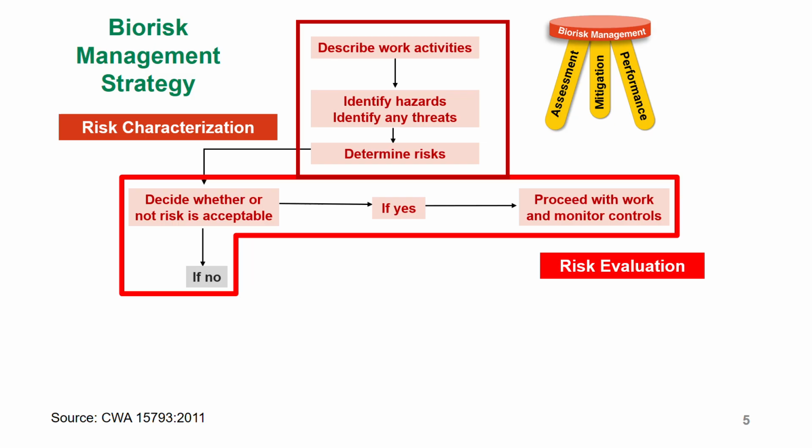So the steps you are doing while you're deciding whether a risk is acceptable or not, and if it's acceptable you proceed with work, and if not, that is what we are calling risk evaluation. So let's look at the next step. If you have all the resources, like I earlier mentioned, and you are sure that you can reduce this risk, you need to now prepare a risk control action plan.